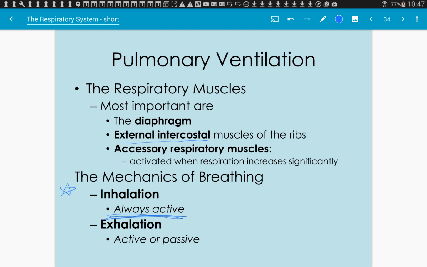That does not cause any energy to be used, okay? However, you can use energy to exhale as well. A good example would be blowing up a balloon. You are using energy, forcefully exhaling. So most of the time when you're not thinking about it, exhaling is a passive process, but it can be active depending on what you're doing.